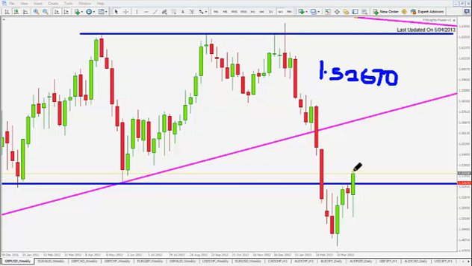Once price makes any pullback, retesting that level, you want to take a very nice long opportunity to the upside. This pair is going to move radically to the upside, and we want to keep searching for long opportunities.